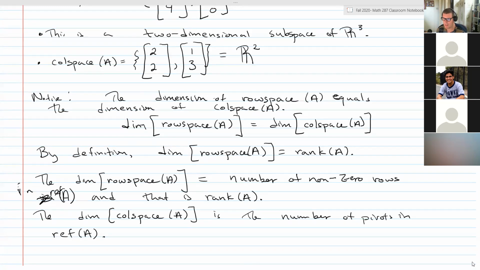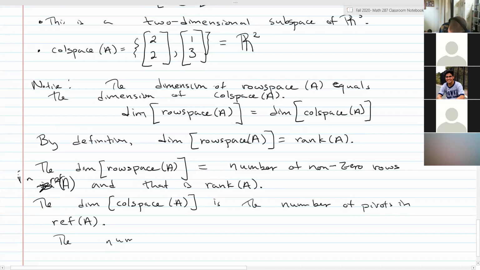You've got a row reduction. For the dimension of the column space, we take the pivots in REF A and translate them. We're only going to take one vector in the column space of A for every one of those pivots. So the number of vectors in that basis is going to equal the number of pivots, okay?